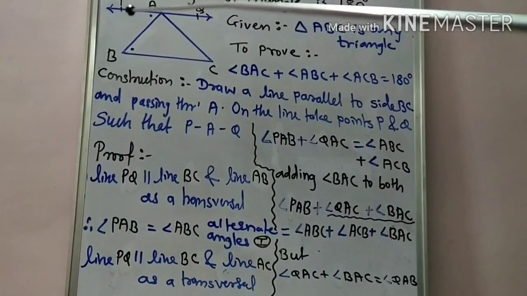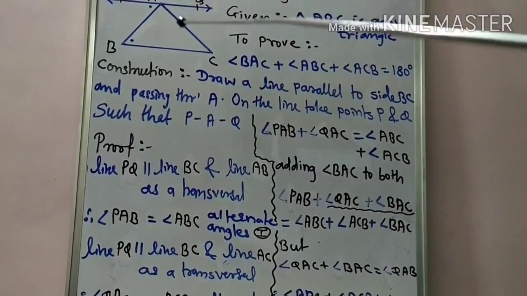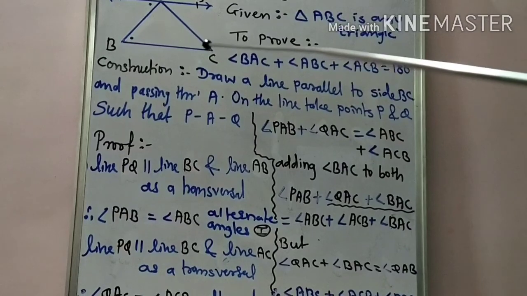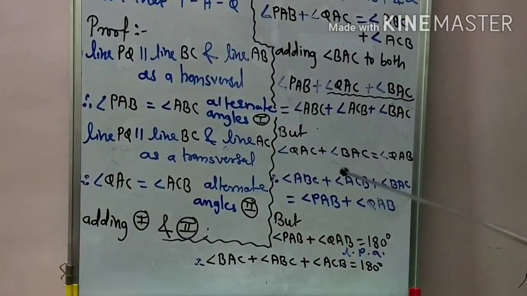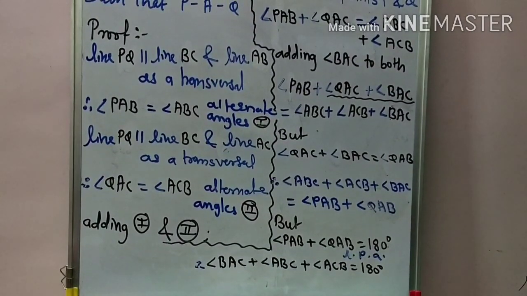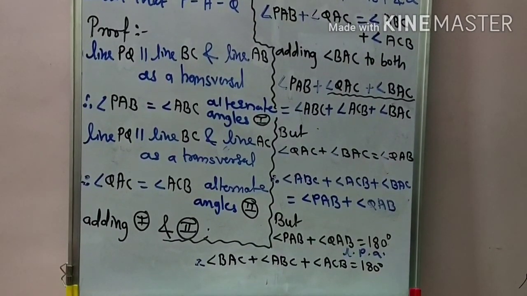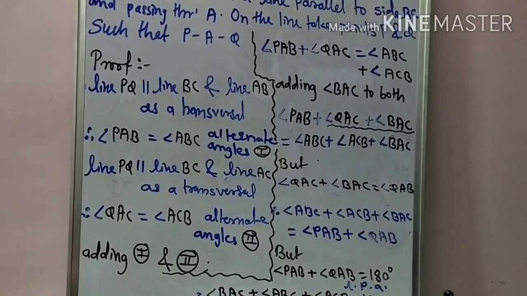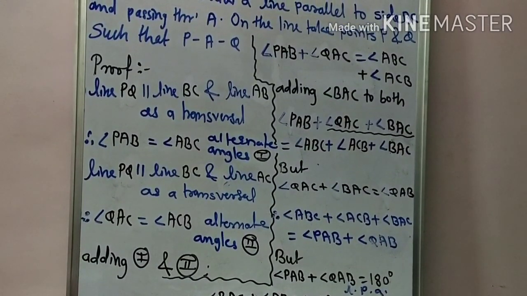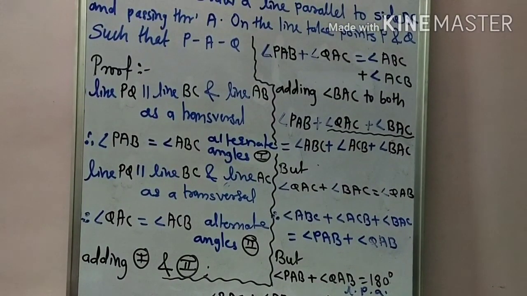So angle PAC plus angle QAC is also 180 degrees. The same way, here we just change the sum of the two angles. Both are the same. Understood? So the sum of the measures of all angles of a triangle is 180, a theorem for 3 marks in the exam, and using this theorem you have to solve the next practice set.